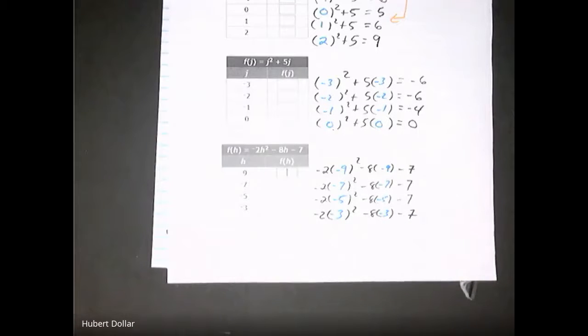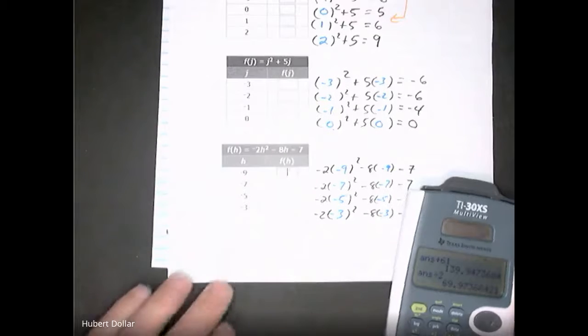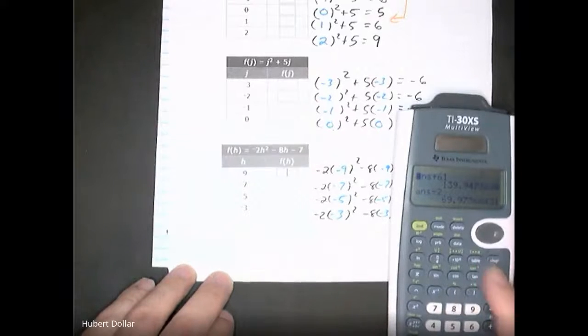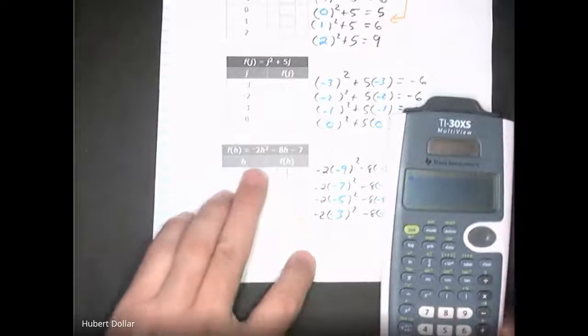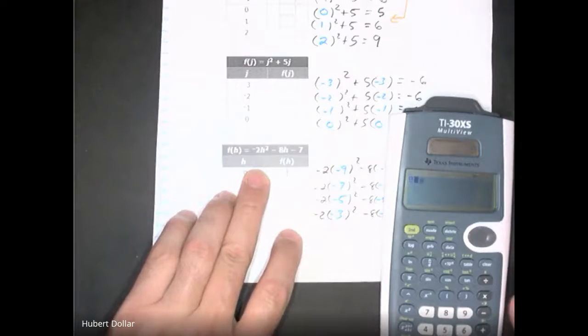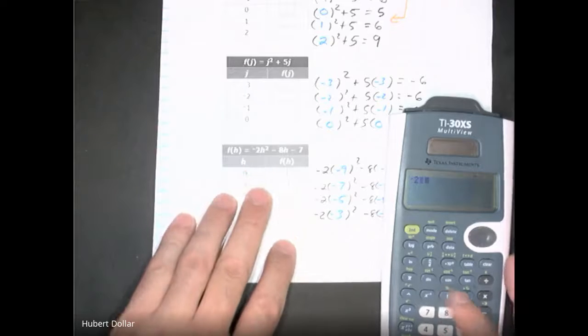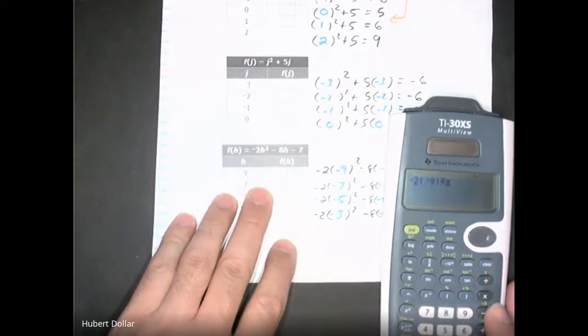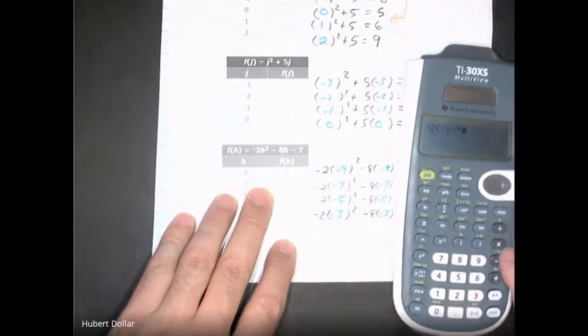Now, I would highly recommend for a problem this complex that we use a calculator. So, using the little calculator, that would become negative 2 parentheses negative 9 close parentheses squared, subtract 8 parentheses negative 9 parentheses minus 7.